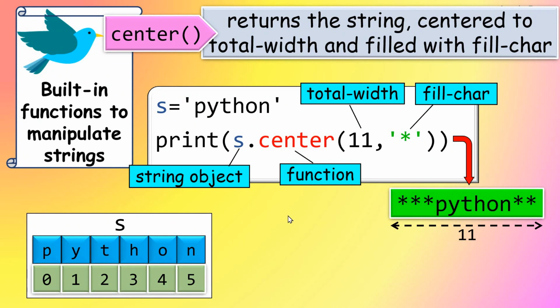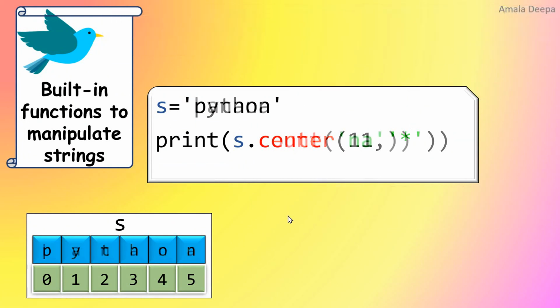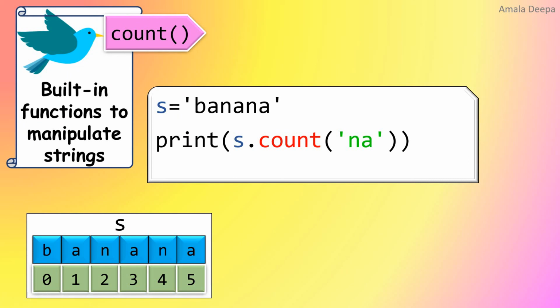The next function we are going to see is the count function. s is equal to banana. Print s.count('na'). Here na is the substring. It should be given within quotes.